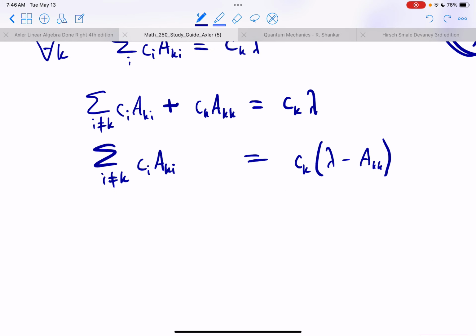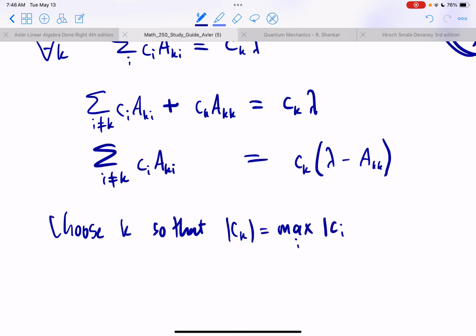And this is the cleverness of the proof: we want to get rid of these c's. So what we're going to do is, this is true for all k. Choose k so that ck is equal to the maximum over all the ci's of the absolute value.